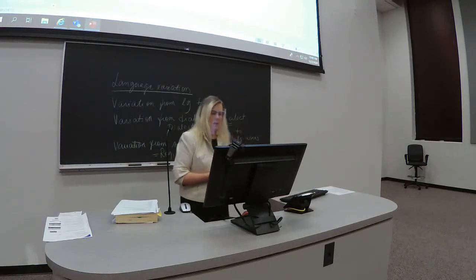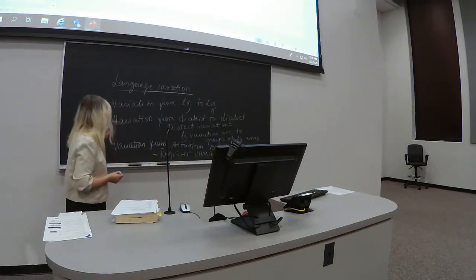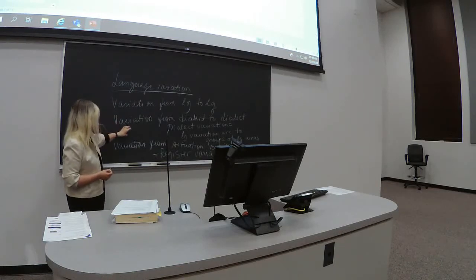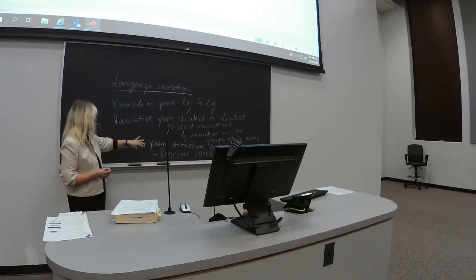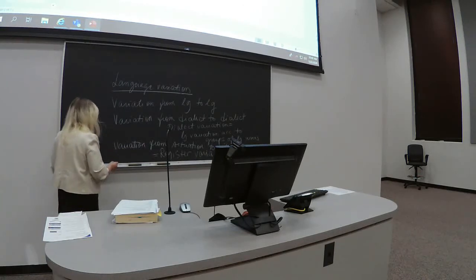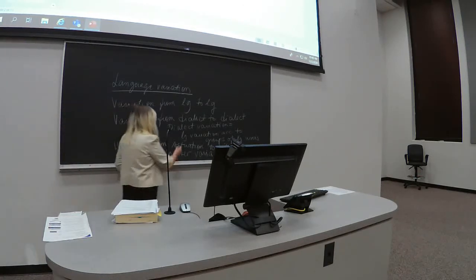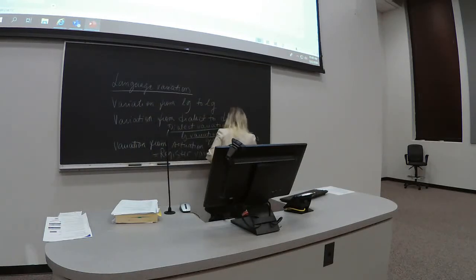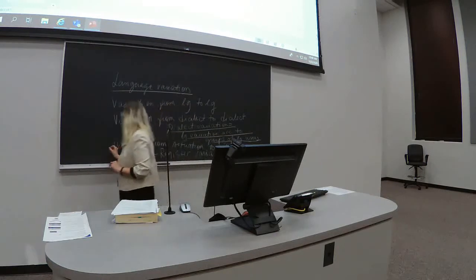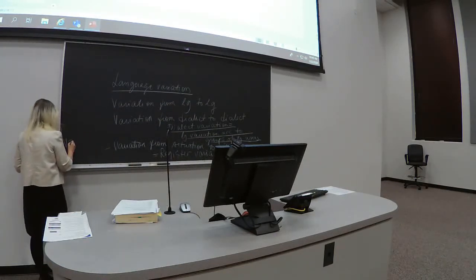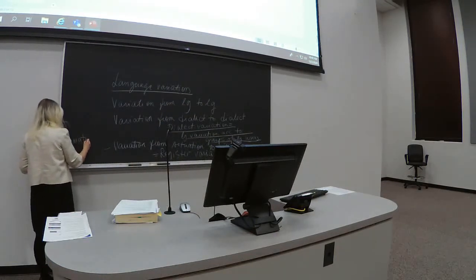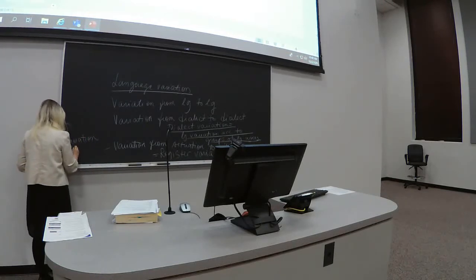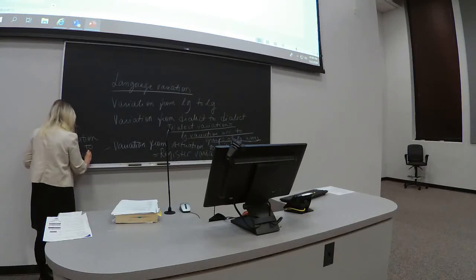So 3 different kinds of language variation, from language to language, from dialect to dialect, and from register to register, and that's the situational variation. So if dialect variation is variation according to groups of language users, register variation is variation according to situations of language use.